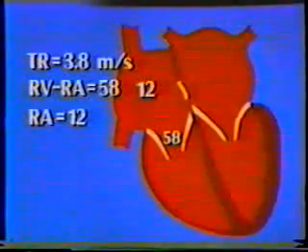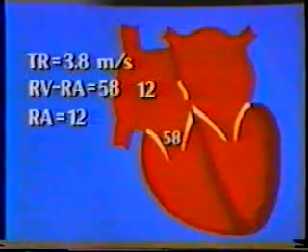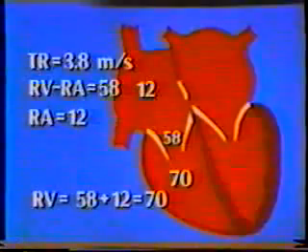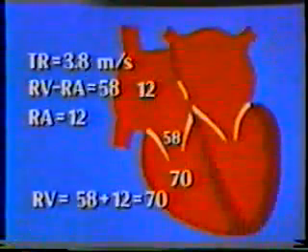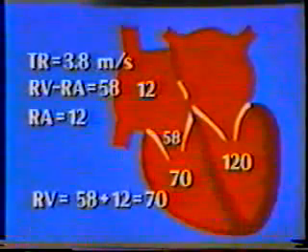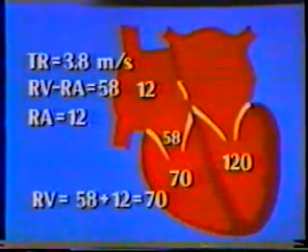The right atrial pressure in this patient was estimated as 12 millimeters mercury. Therefore, the calculated right ventricular and hence pulmonary artery systolic pressure equals 70 millimeter mercury. During the time of this hemodynamic assessment, patient's blood pressure was 120 over 70 millimeters mercury.